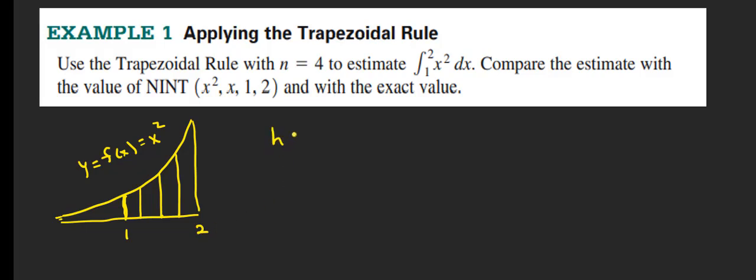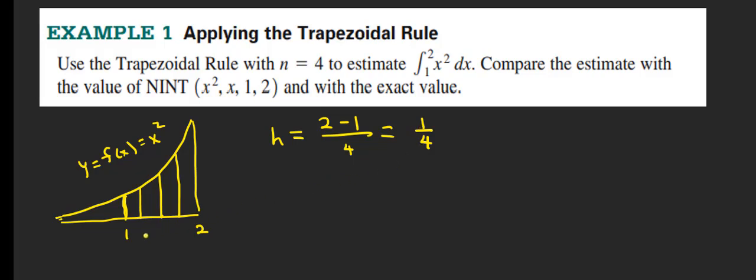So what is our height? Height is going to be b minus a, which is 2 minus 1, over n, which is 4. They're saying that n equals 4. So h is 1 over 4. So the height of each trapezoid is 1 over 4. So how can we find these values in the middle?